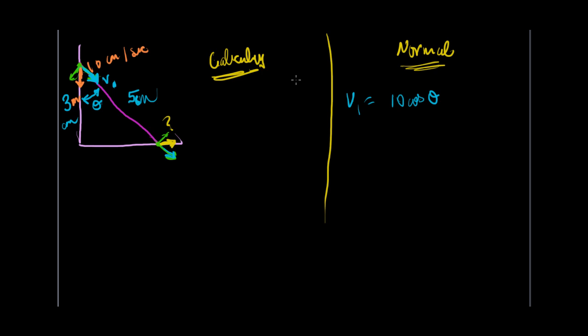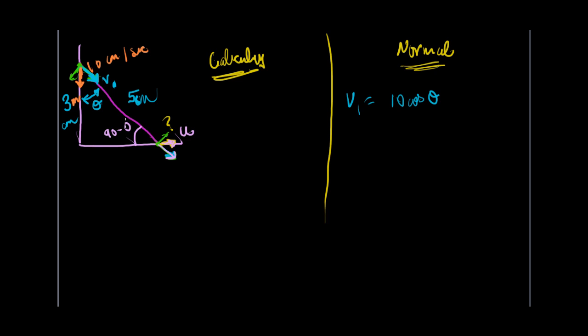So v1 is 10 cos theta, and what is this velocity? It will be this, which I have to find out. Let's say it is u. It will be u times the cosine of this angle right here, and that, I believe, is the same as this angle, which is 90 minus theta, right?